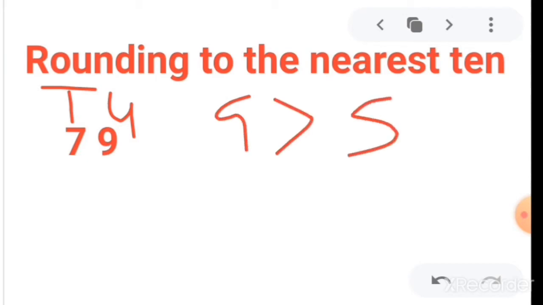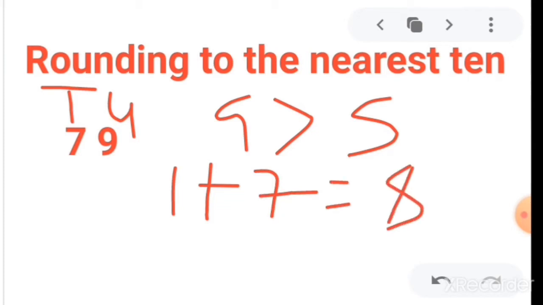Because 9 is greater than 5, we change it to 1 and add it to 7. It becomes 8. And where the 9 was, we replace with a 0. So 79 to the nearest 10 is 80. We have rounded up.